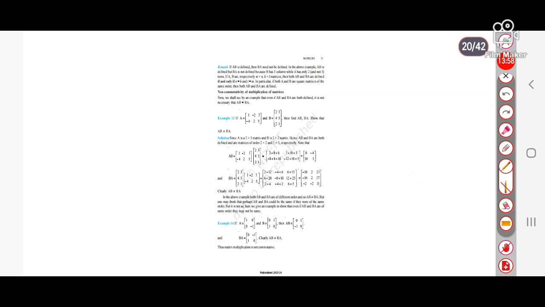The next example, example number 14 in the textbook. If A equals 1 0 0 minus 1 and B equals 0 1 1 0, then AB equals the given value, and BA equals the given value. Clearly AB is not equal to BA, thus matrix multiplication is not commutative.